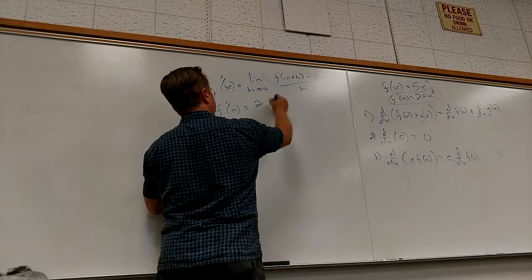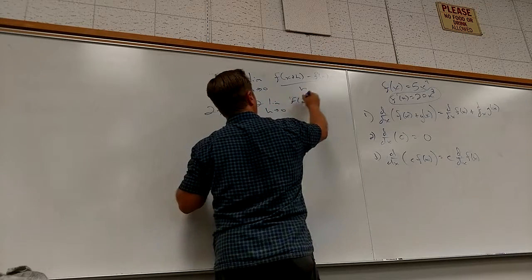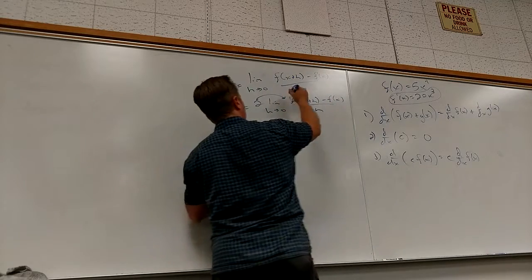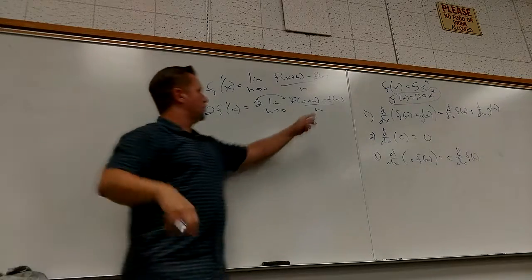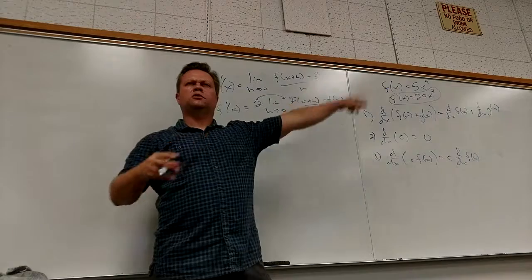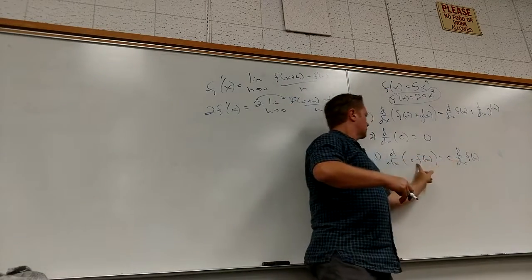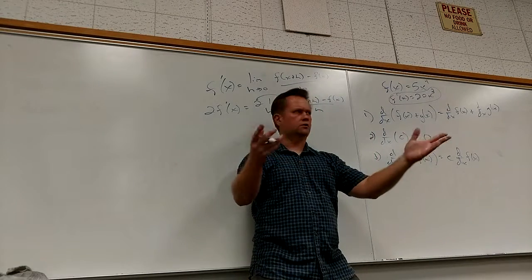It would be twice this. And of course, the 2 could just come in and distribute. Because derivatives are based on this combination thing, this subtraction thing, then distribution kind of makes sense. So I can undistribute a constant. I love it. You guys do it.